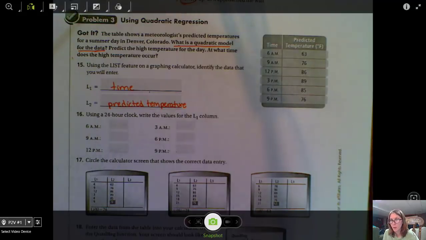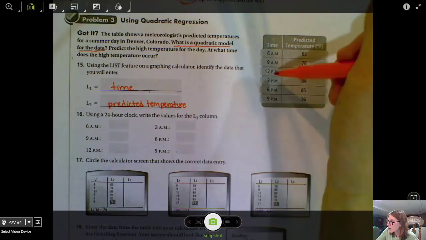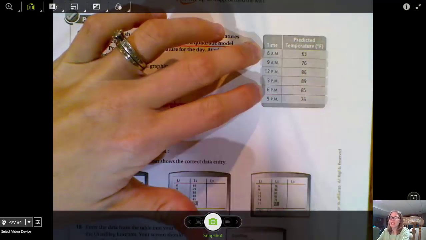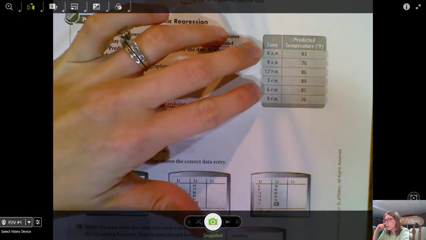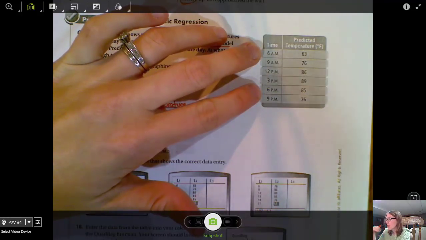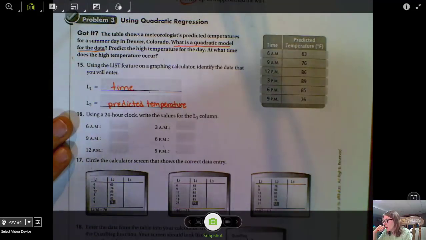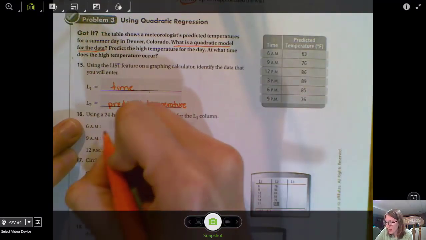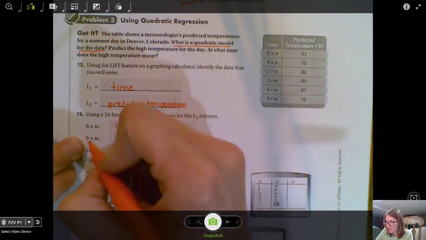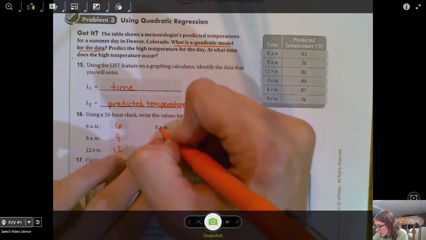One thing we need to be careful with is if we just use these x values, 6, 9, 12, 3, 6, 9, that would mean we have two temperatures fitting with 6 o'clock, and there's not a way to differentiate between 6 a.m. and 6 p.m. So we are going to use a 24-hour clock, or army time, to write our times out. 6 a.m. would be 6, 9 a.m. is 9, 12 p.m. is still 12.